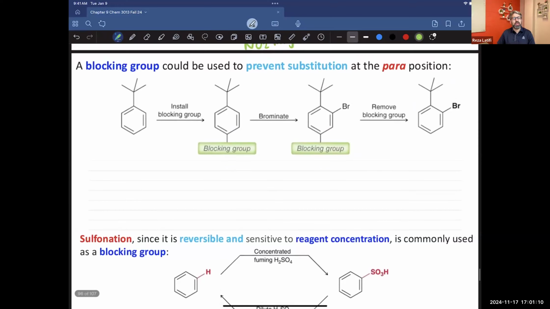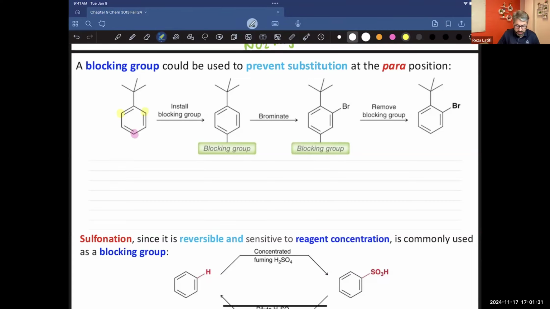steric effect. Okay. Now, sometimes you want to put the electrophile or the substituent in a specific position. But when it comes to a benzene ring, if you have any activator on it, it's going to activate ortho and para at the same time.